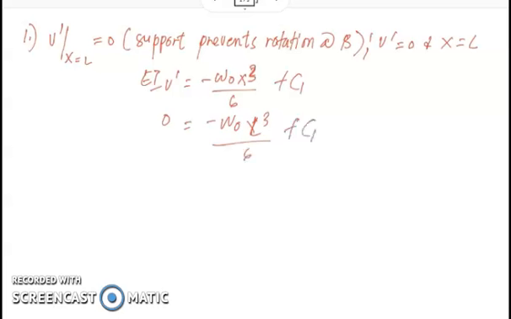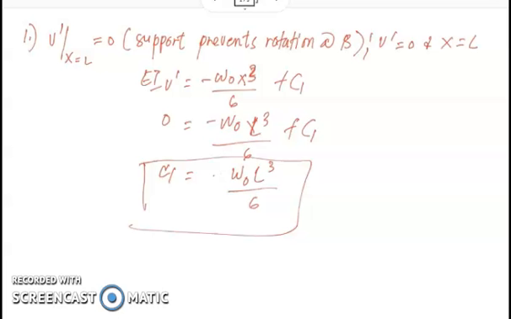Therefore, our c sub 1 is equal to positive w sub o L cubed all over 6. So we now have the value for our c sub 1.